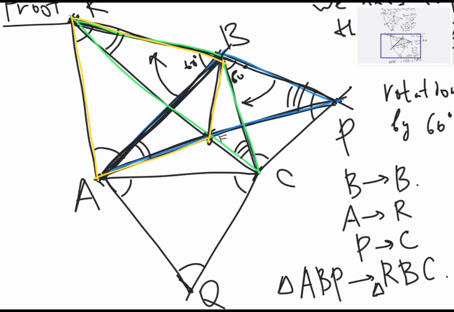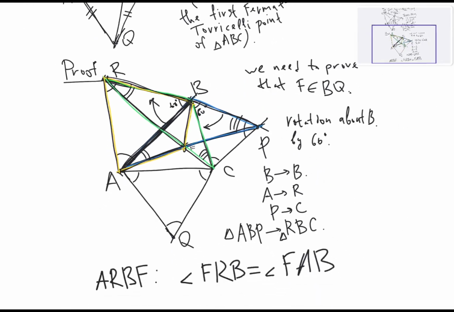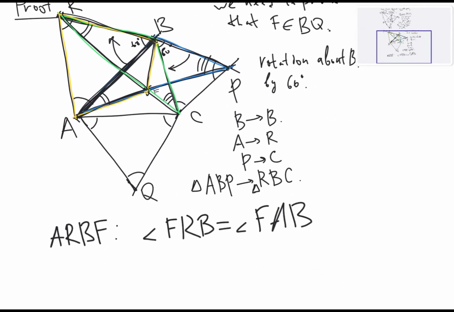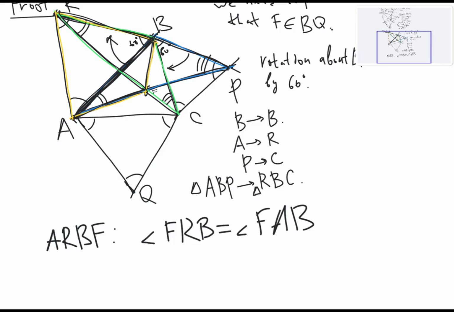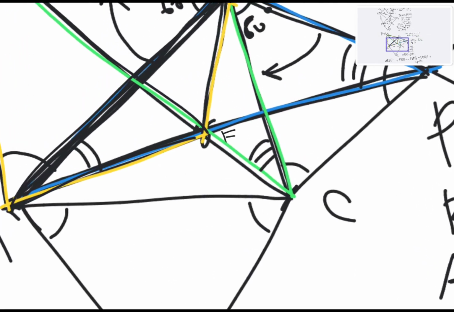So this angle is equal to this angle. So because they're equal to each other, by one of the criteria of a cyclic quadrilateral, it implies that this quadrilateral ARBF is cyclic. Let me put point F more clearly because it's almost not visible.